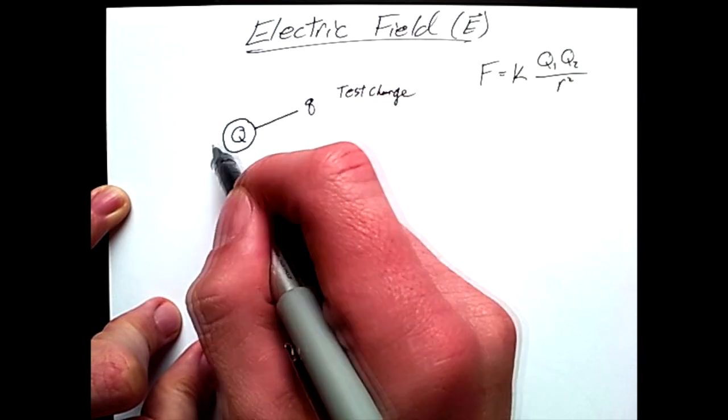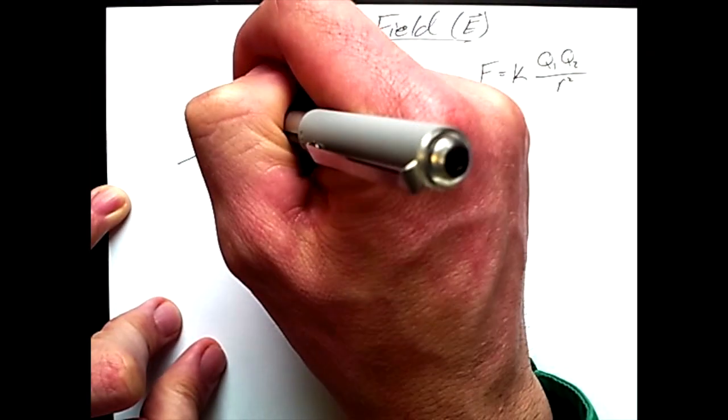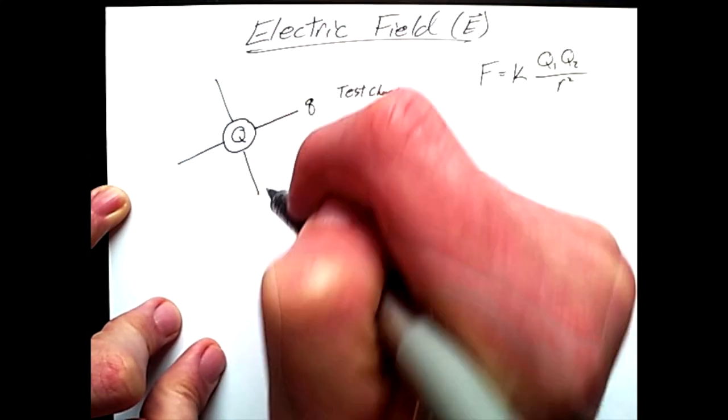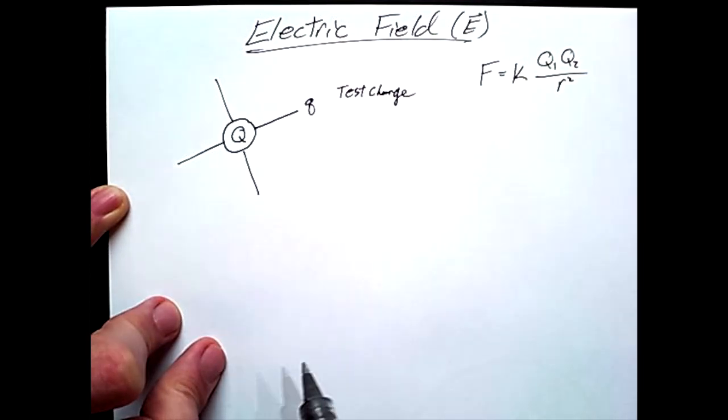In other words, the force would be this direction. So that means that all charges can have identifying force vectors in all different directions.